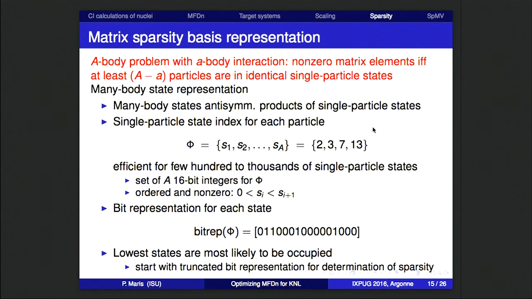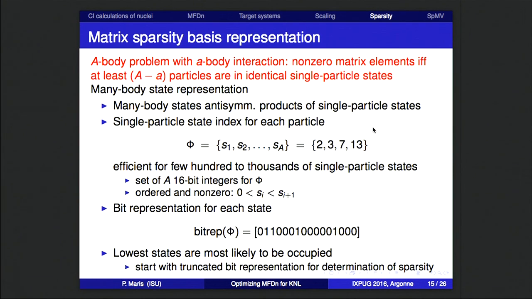The other way of representing this is a bit representation, which is essentially a 0 or a 1, depending on whether a state is occupied or not, which is very efficient if you have a lot of particles and not that many single particle states. However, we have of the order of 10 particles and maybe a few thousand single particle states, so we would have a very long array of zeros with only very few ones.